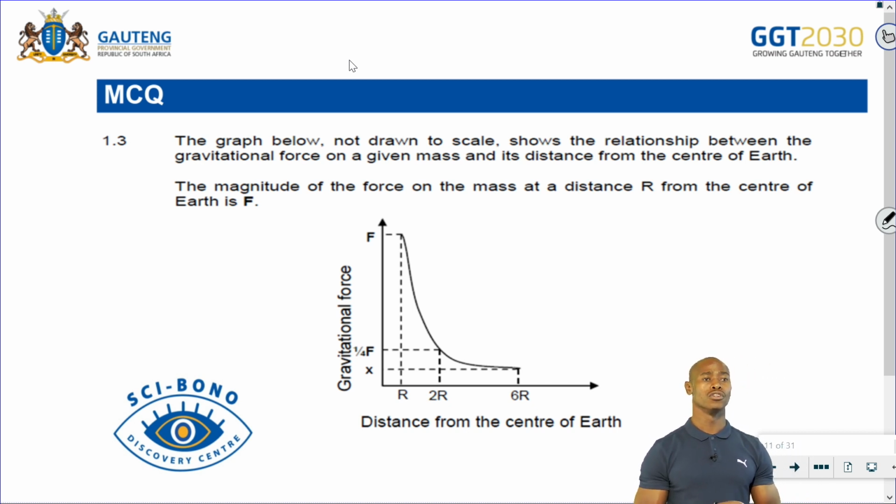The graph below, not drawn to scale, shows the relationship between the gravitational force on a given mass and its distance from the center of the earth.